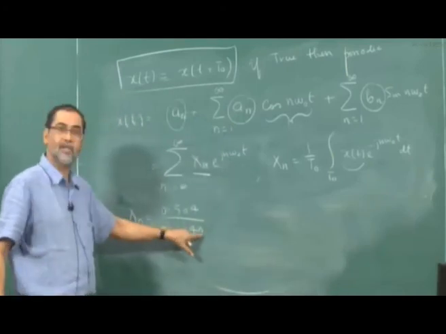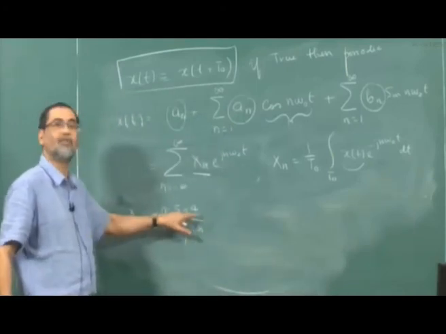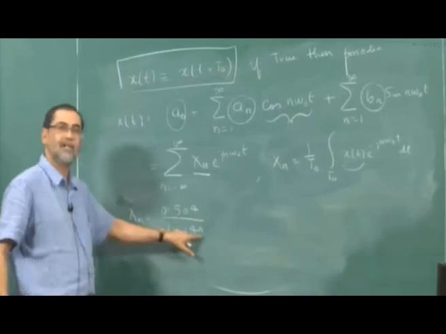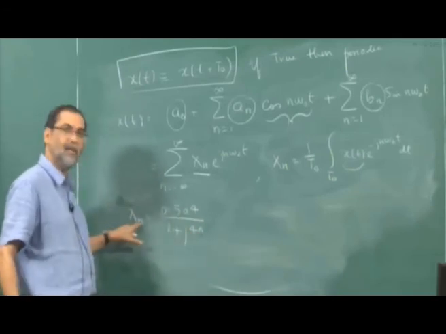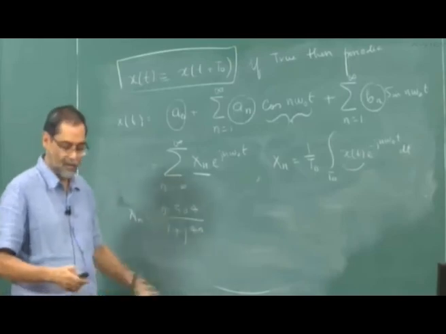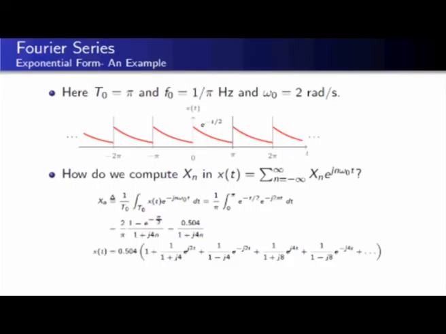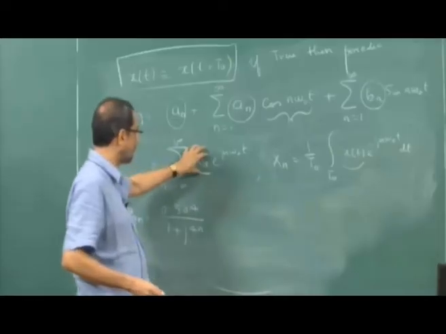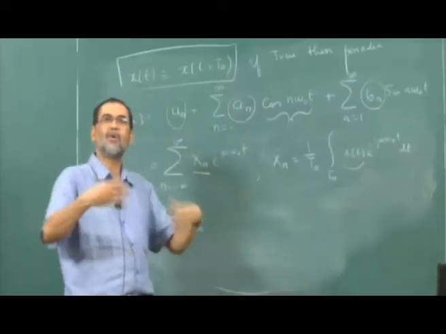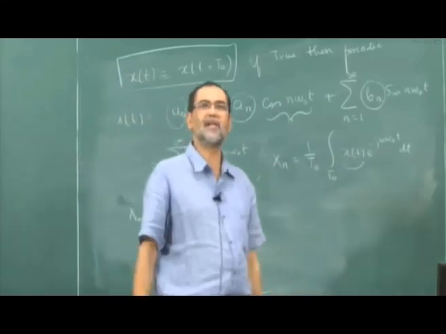For n equal to 0, it is 0.504. For n equal to 1, you get a certain value. For n equal to minus 1, you get a certain value, and so on. So I now expand that. I compute xn and expand this to show the dependency on each of those frequencies.